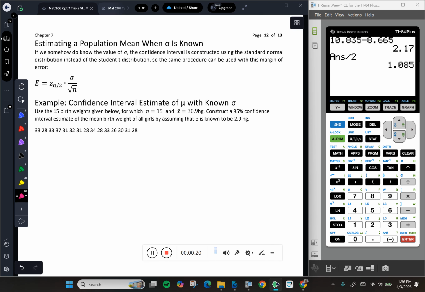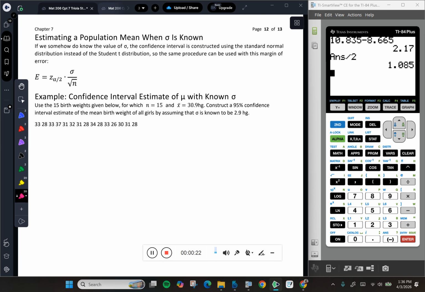So we're going to start by taking a look at an odd situation where we would be estimating a population mean and somehow we would know the population standard deviation, which on its face does not make any sense.